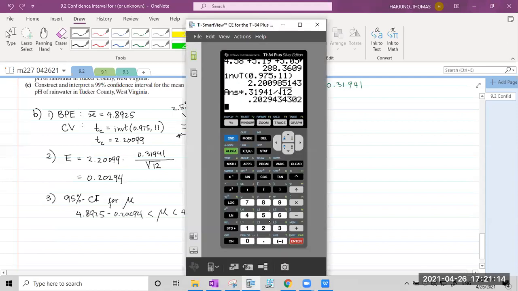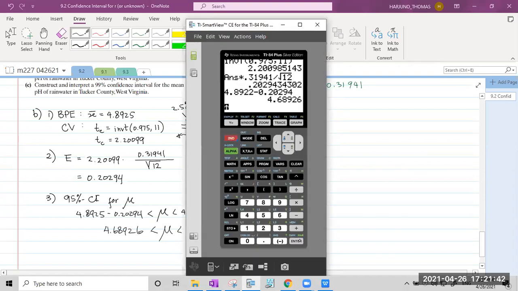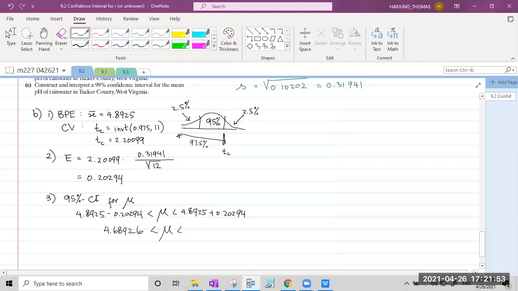Okay, that's 4.8925 minus 0.20294. That is 4.68926 less than mu, less than the same entry, but I add instead, 5.09514.